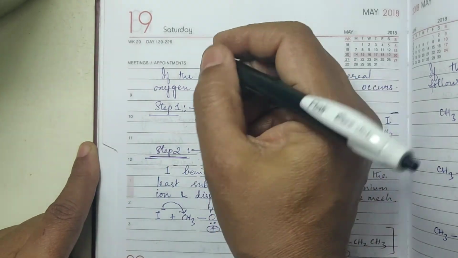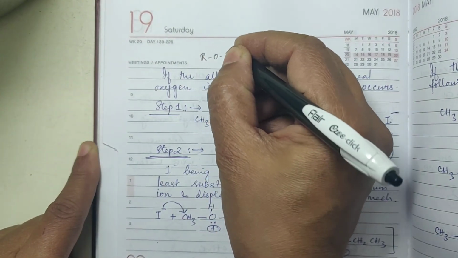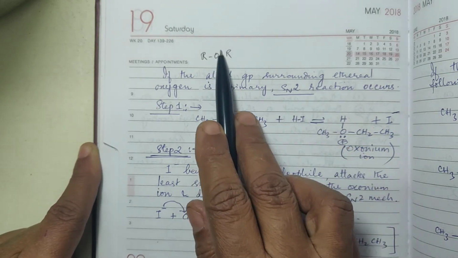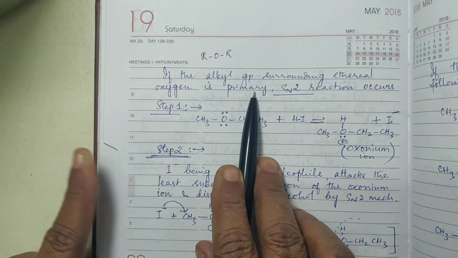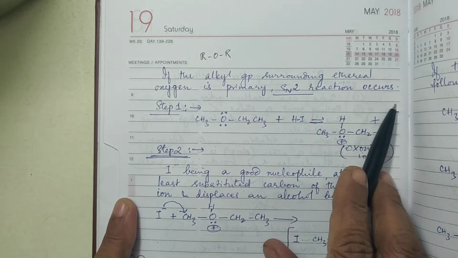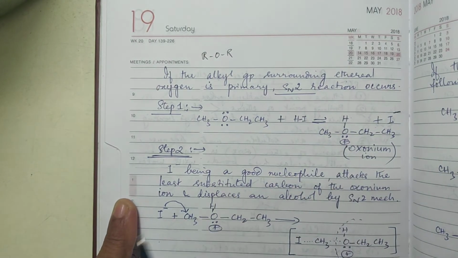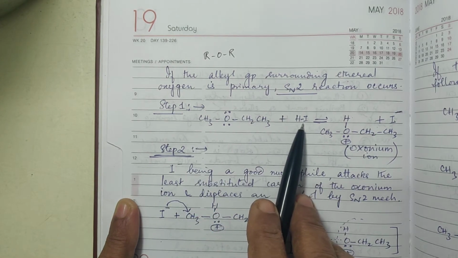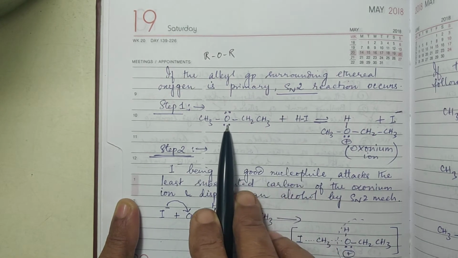Now you take this ether ROR. If the alkyl group surrounding the ethereal oxygen is primary, then SN2 reaction occurs. You know very well how SN2 reaction occurs. In the first step, HI is reacting and protonation is taking place.